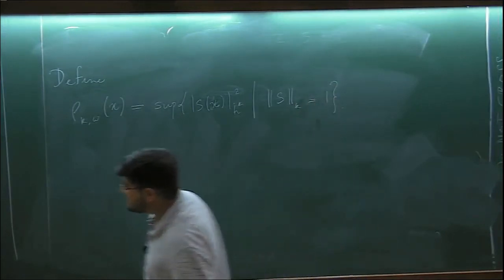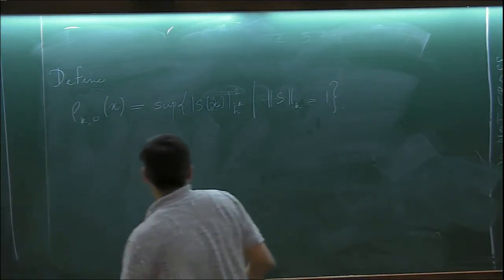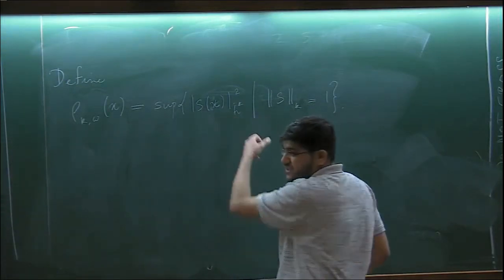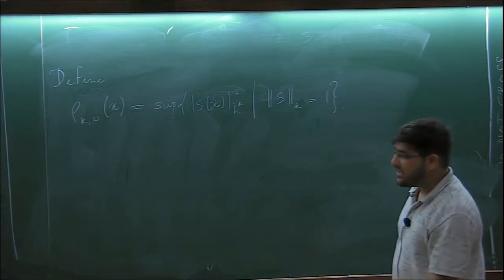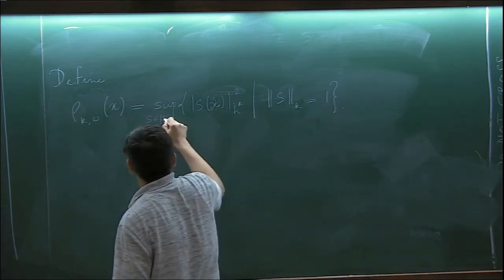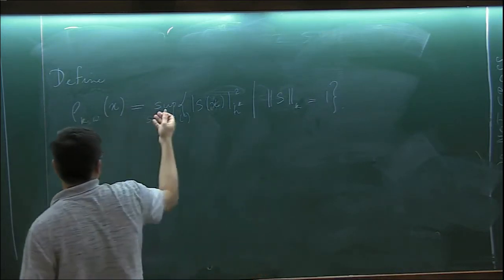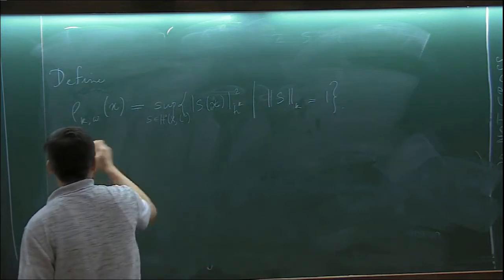So I look at the set of all sections whose L2 norm is 1, and I take the supremum of their pointwise values at x. So this is of course over s in H^0. Okay, and then you take the infimum of all these numbers.